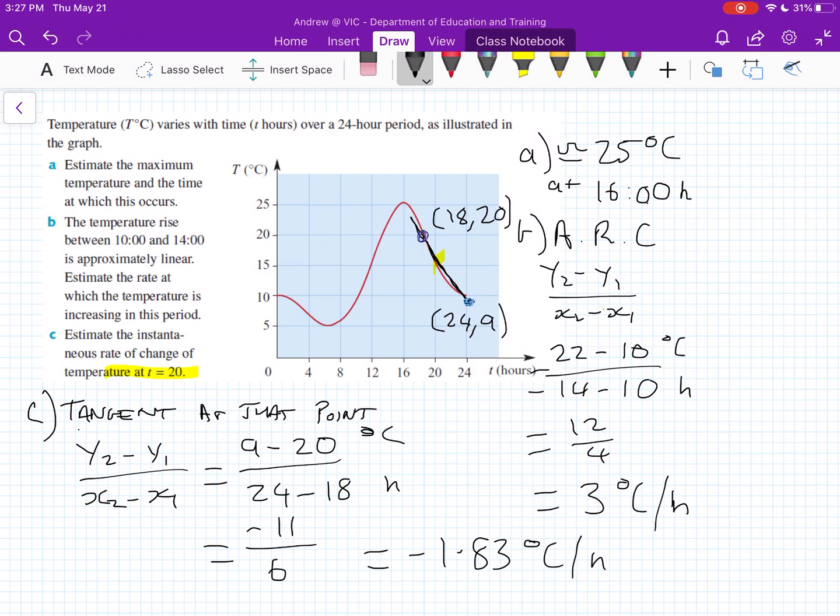Yet again, that one probably isn't the best one because it is a little bit hard for me to do it on this. So make sure you do get your ruler out. Try and get that tangent line where it just touches perfectly and then goes at the same gradient at that point there. Okay. So yet again, that's how you do part C, especially your instantaneous rate of change.